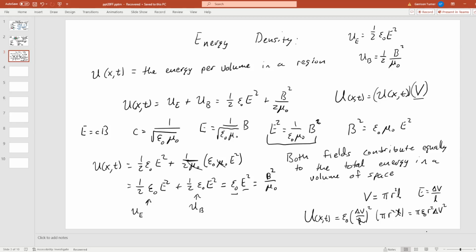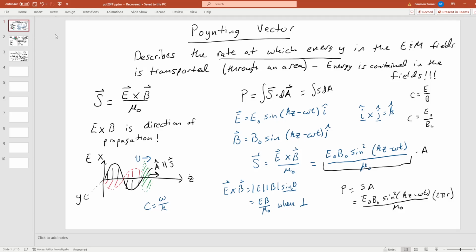Okay, so the total amount of energy in that region would be this expression. Okay, and you could do the same thing with the magnetic field and do the same substitutions, and you would get the same answer.